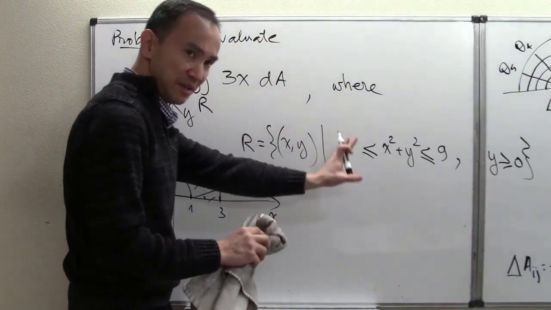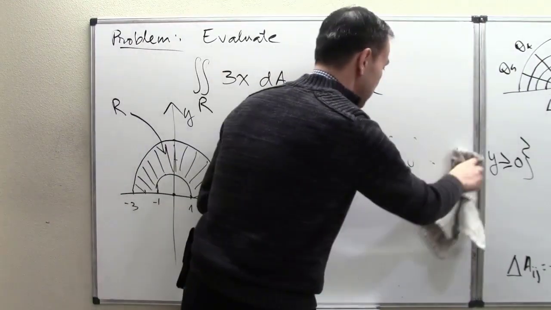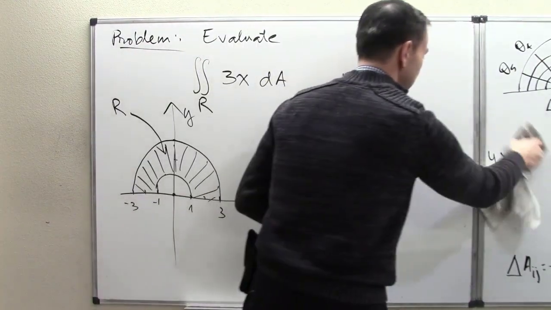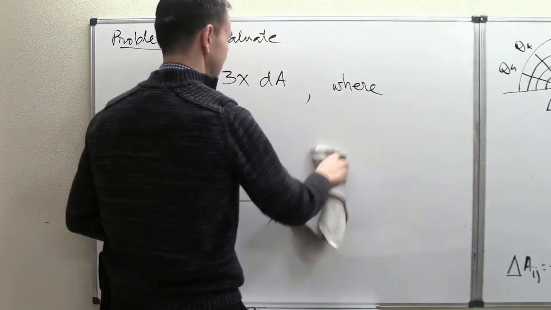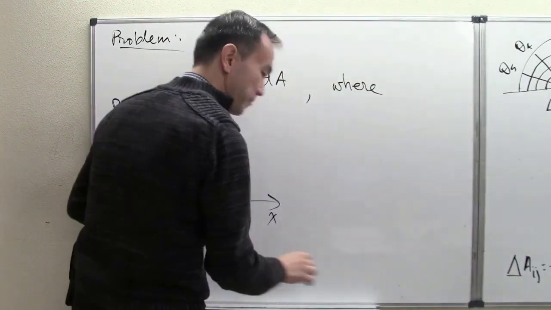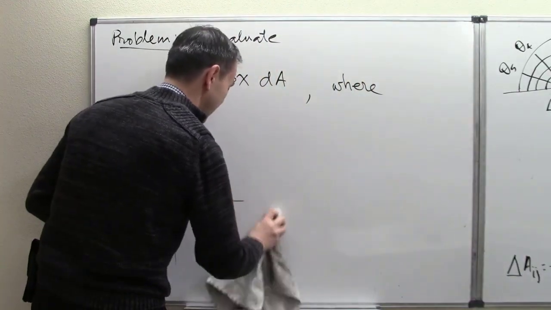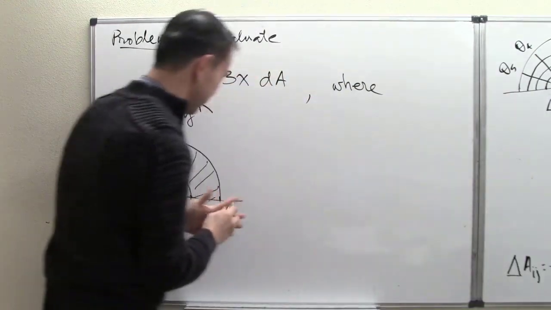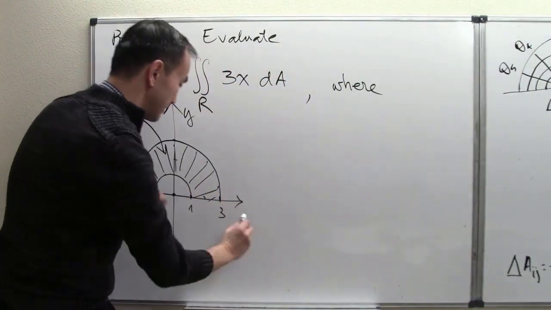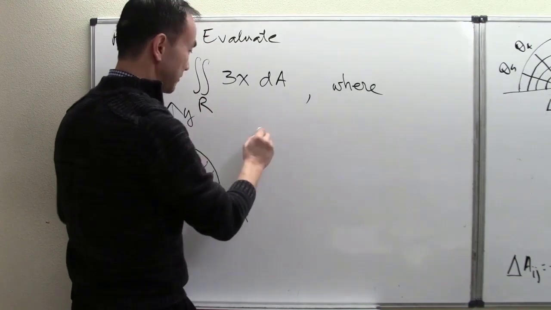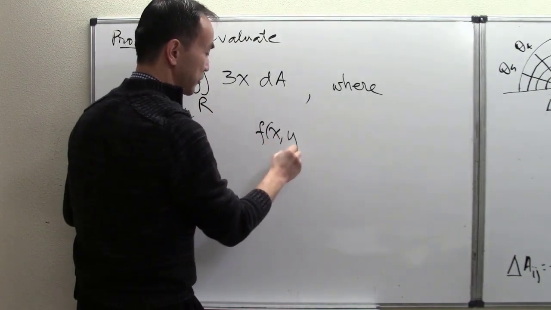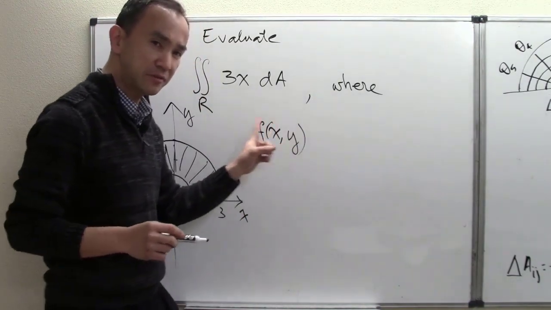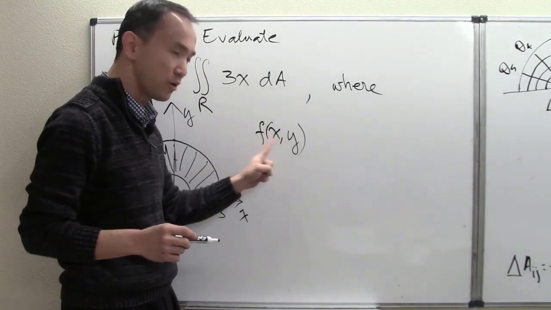Now let me put away this rectangular description of our general region here. Just think about it this way. The function, whatever function, in rectangular coordinates is a function of two variables x and y.